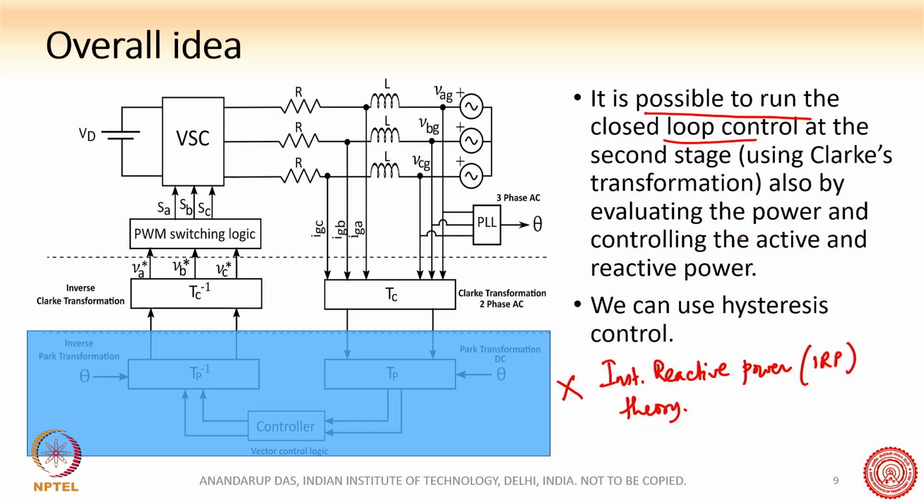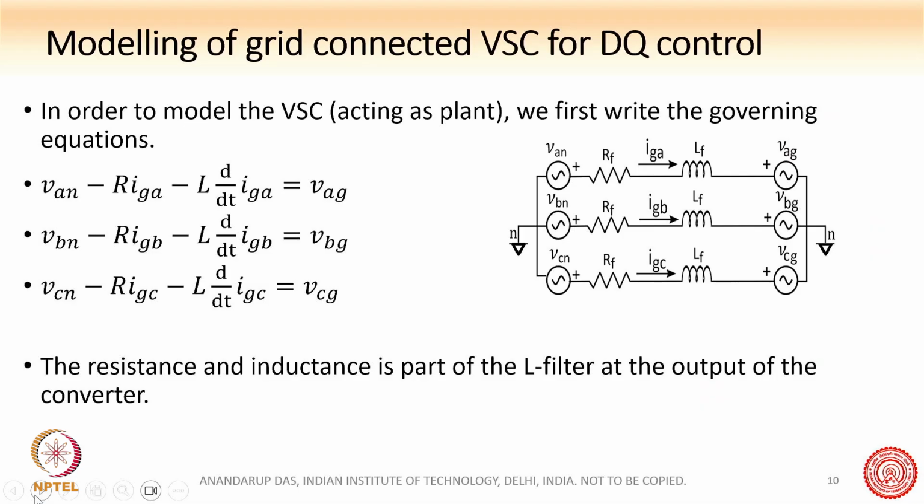But it is reported in many literatures that the closed loop control of the VSC can be done after Clark transformation alone, so we do not need to design PI controllers if we do it like that. That is a little bit of an advantage of this method, but we will follow the traditional DQ control of the voltage source converter.